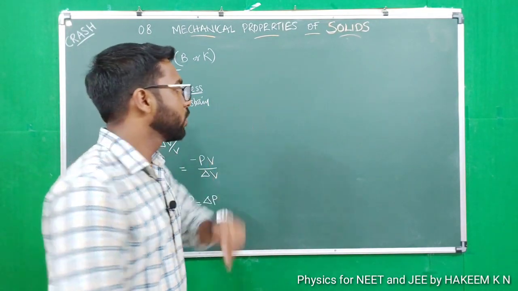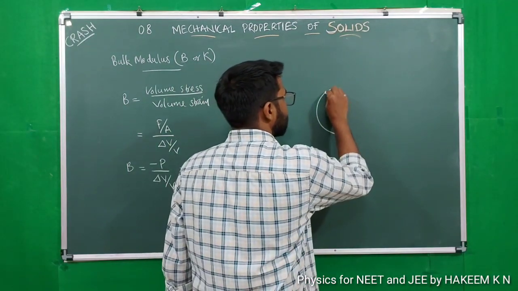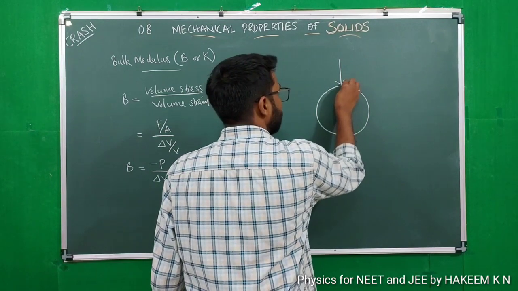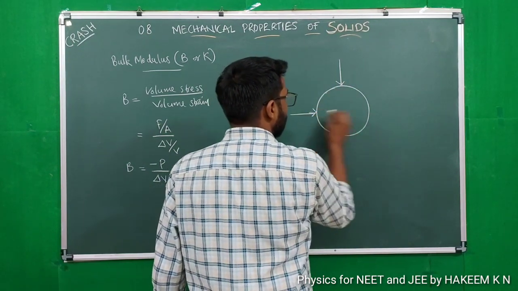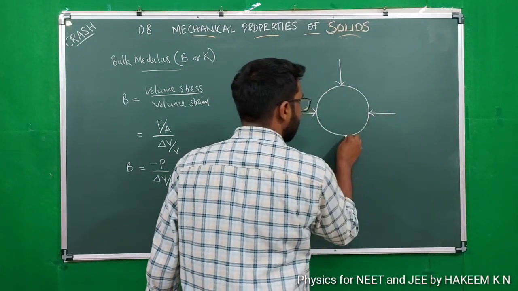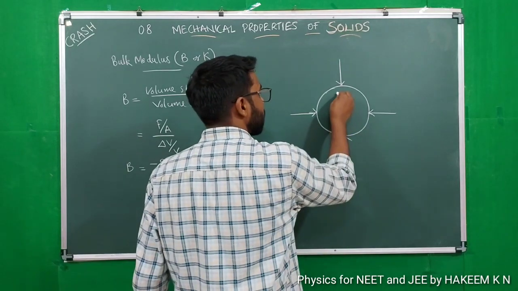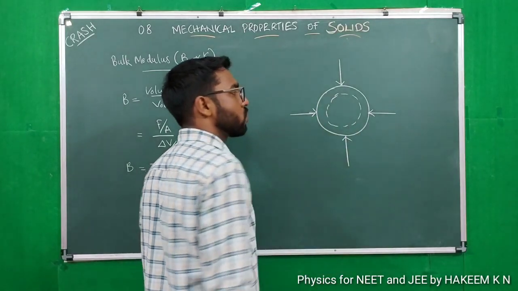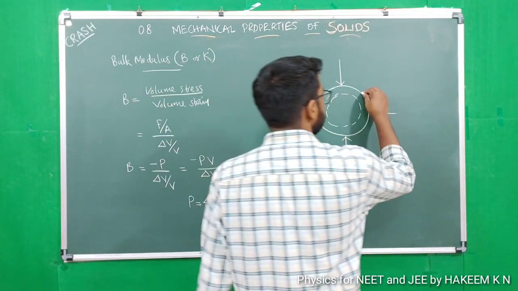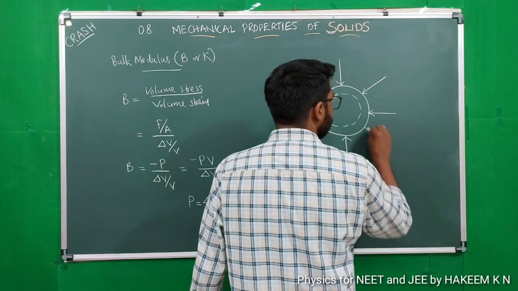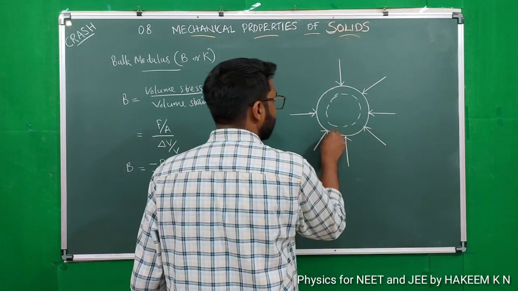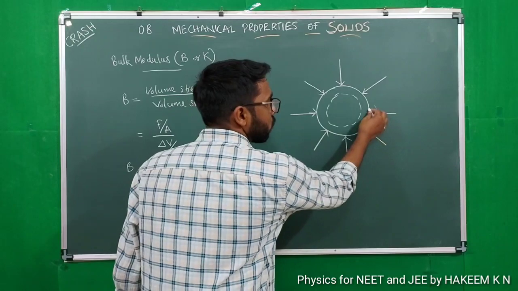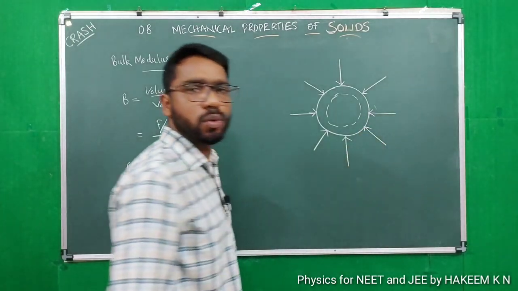For example, for a spherical body, if equal forces are applied normal to the surface at all points, then the volume of the sphere decreases, because equal forces are applied perpendicular to the point of application. At all points that force is perpendicular.